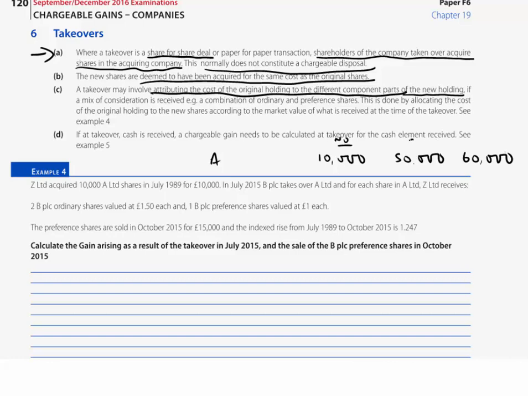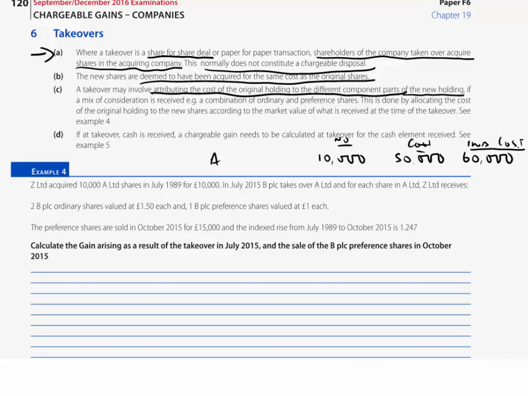So number of shares, cost of shares, and index cost. So I would have my routine share pool up to the date of the takeover. And in A plc, as we said, I own 10,000 shares with a cost of 50,000 with an index cost of 60. So if this takeover is the simple one that I referred to, V plc issued shareholders in A with 2 shares in V for every individual share held in A.